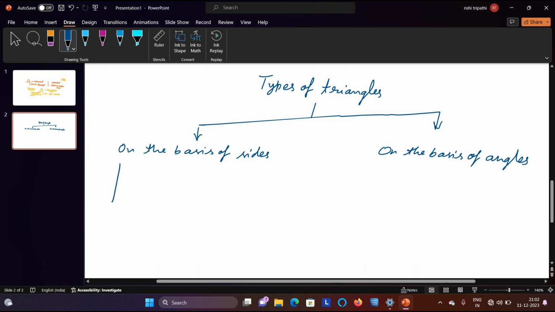On the basis of sides, you will have equilateral triangle, isosceles triangle, you will check the spelling of it, and then scalene triangle.